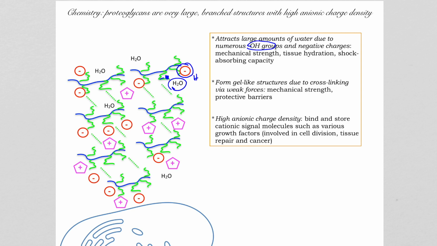Water loves positive or negative charges. Because of these features, these carbohydrates attract a lot of water. And so the tissue becomes filled with water, and that gives the tissue mechanical strength. It keeps the tissue hydrated because this water is quite strongly attached to these carbohydrates.